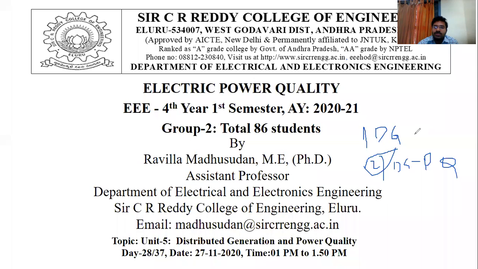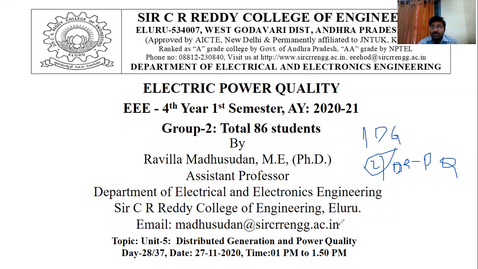So what are the problems while you are installing these DGs in the power system? How will this DG help to improve the power quality? What type of power quality problems will this DG solve? All of this we are discussing in this chapter.